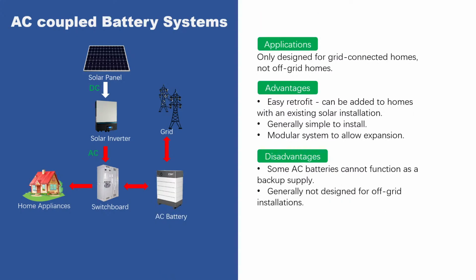Next, we'll discuss AC batteries, a relatively new evolution in battery storage for grid-connected homes. They allow batteries to be easily AC coupled to a new or existing solar installation.